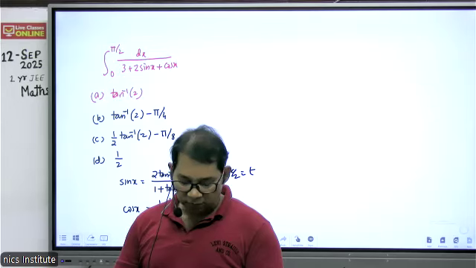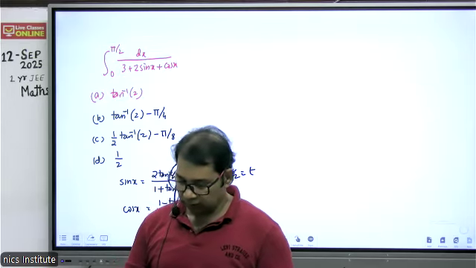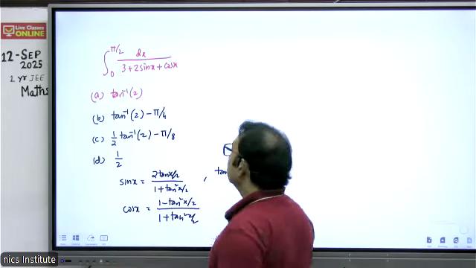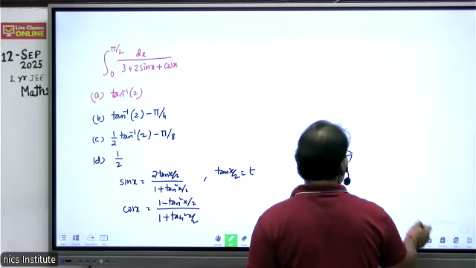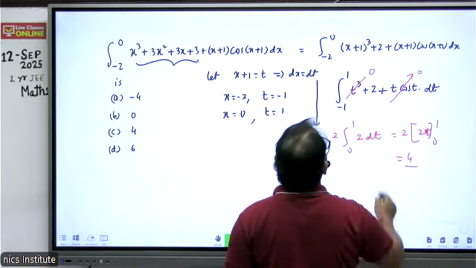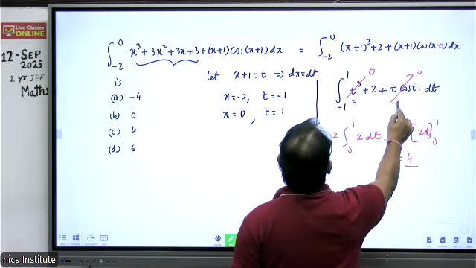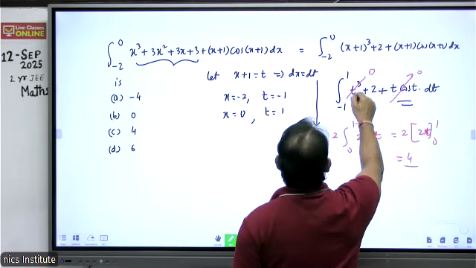T cube is an odd function, no? The previous one, T cube, was an odd function. This is an odd function. This is also an odd function. Odd function from minus a to a is 0.